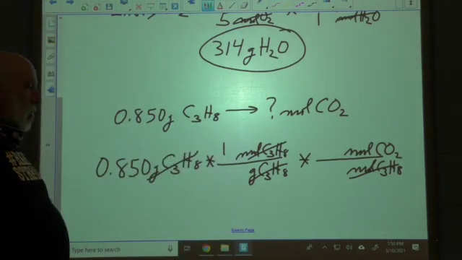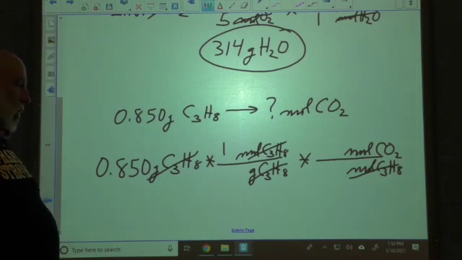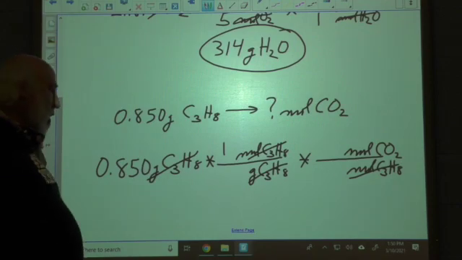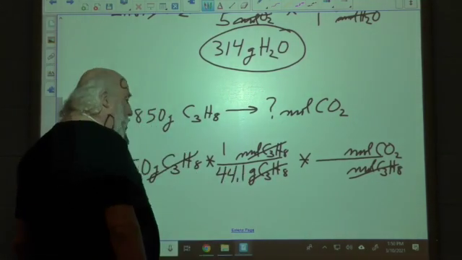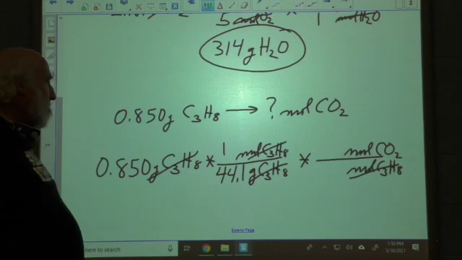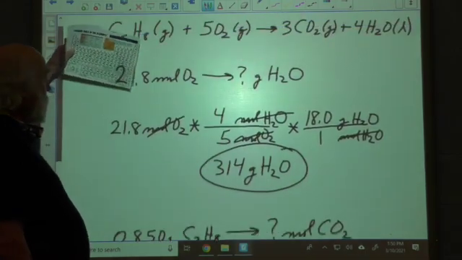Carbon's 3 times 12.0, which is 36.0. Oxygen's 8 times 1.01, which is 8.08. And to add those together, round out to 3 sig figs, we get 44.1. Then we have 1 mole of carbon dioxide, and the propane come from up here.